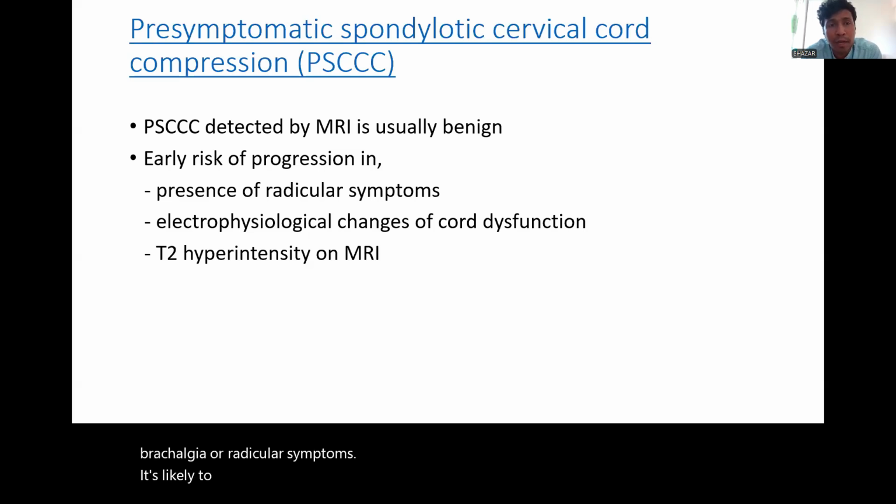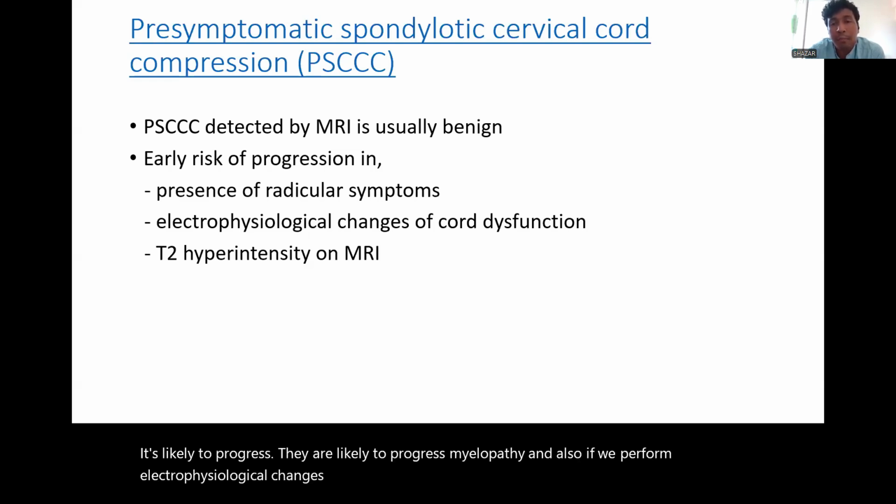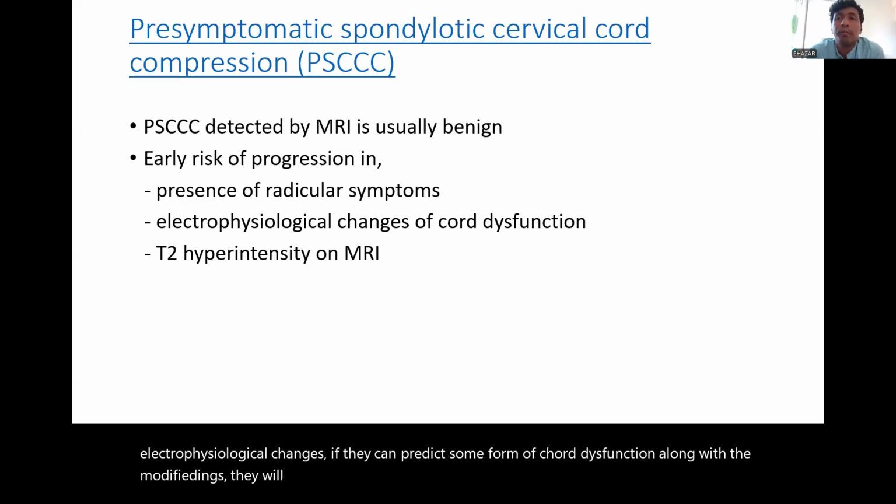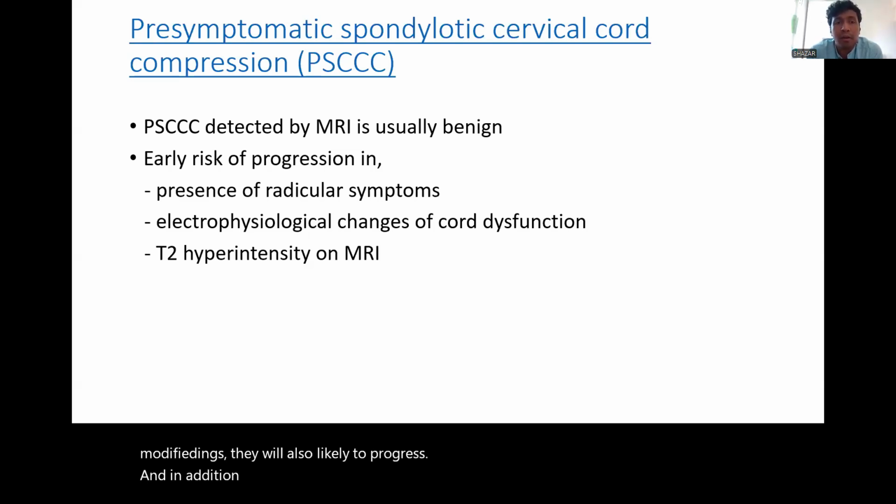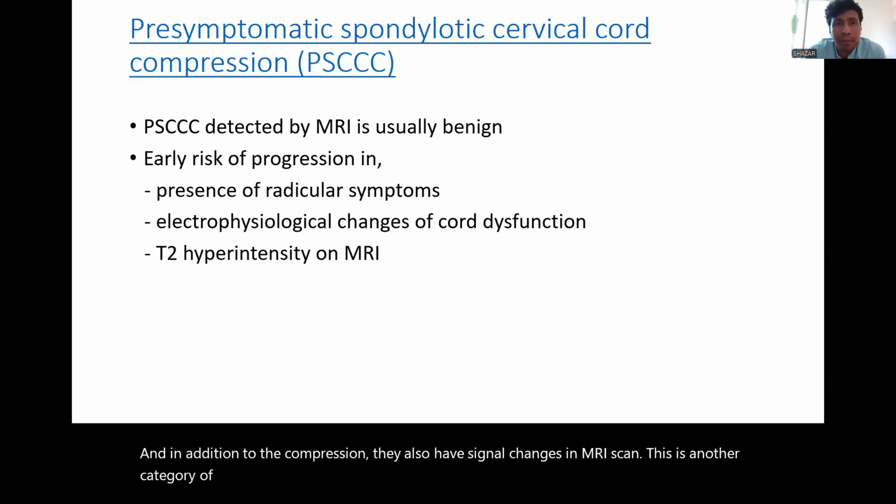And also, if electrophysiological changes can predict some form of cord dysfunction, along with the MRI findings, they will also likely progress. And in addition to the compression, if they also have signal changes in the MRI scan, this is another category of patients who, even though pre-symptomatic now, will end up deteriorating with time. So this is a bit of a touch on the people who do not have symptoms.